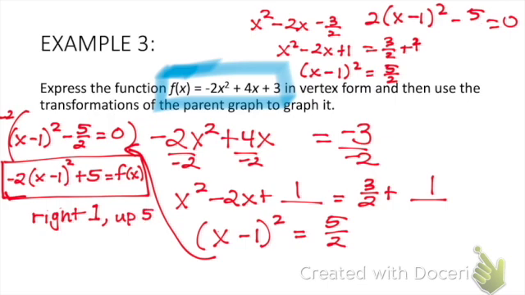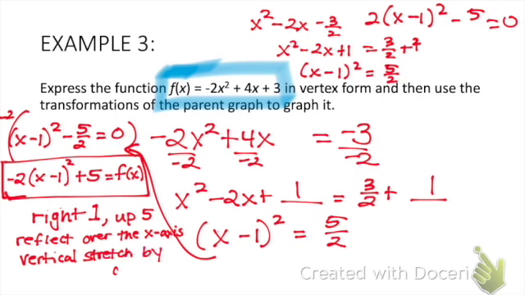We're reflecting over the x-axis. And then what's that 2 going to do? Vertical or horizontal? Vertical, stretch or shrink? Stretch. Good. So vertical stretch by a factor of 2.